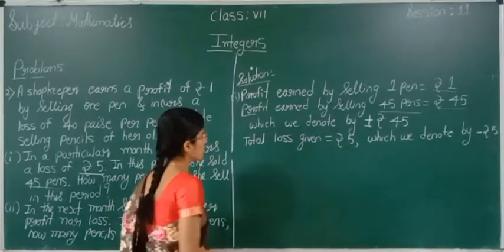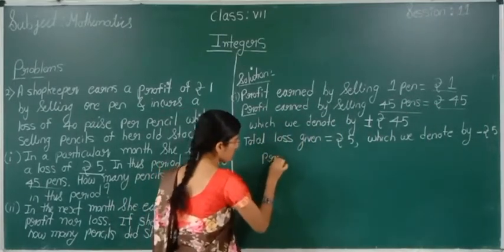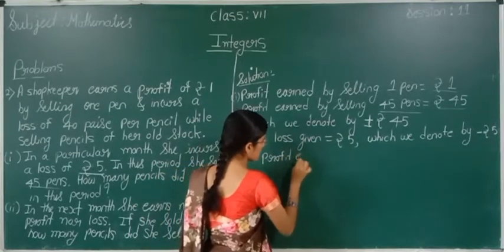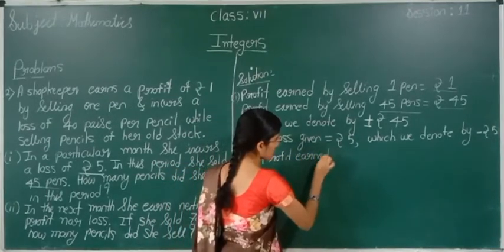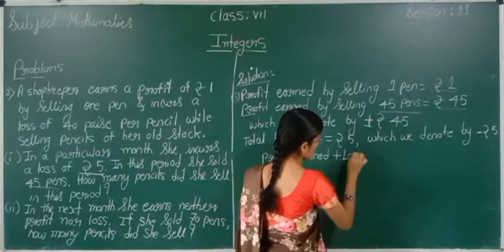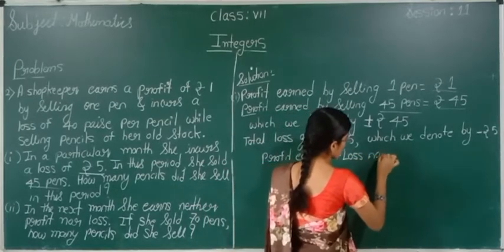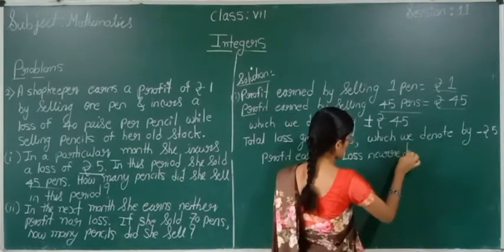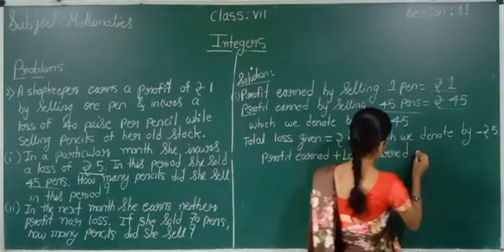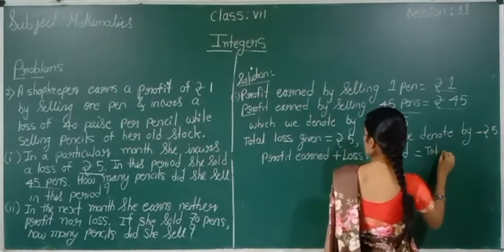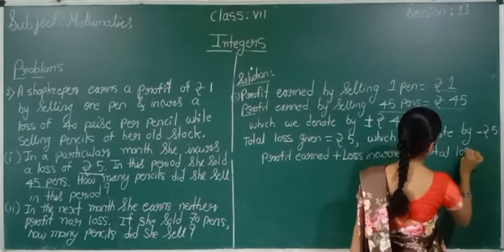Now see here, profit earned plus loss incurred is nothing but the total loss, yes or no, is equal to total loss.